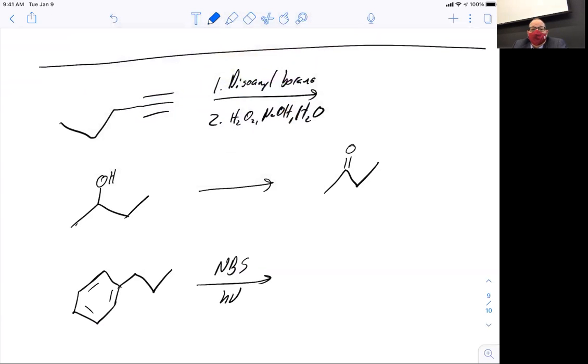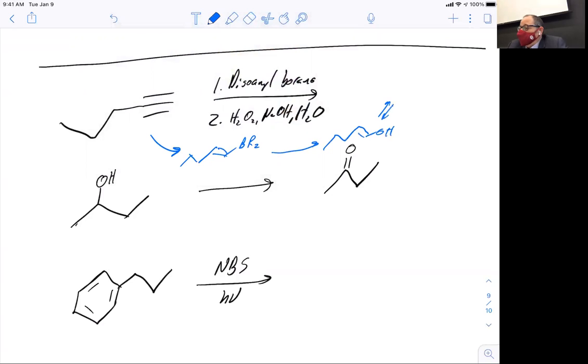Okay, so let's take a look. So in the first one, we do the diisoamyl borane. That ends up giving us this boron species. And then that with the hydrogen peroxide and base gives us the enol. Right, but the enol doesn't stay the enol.